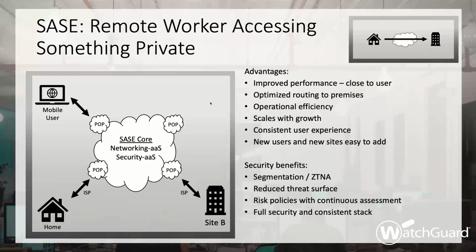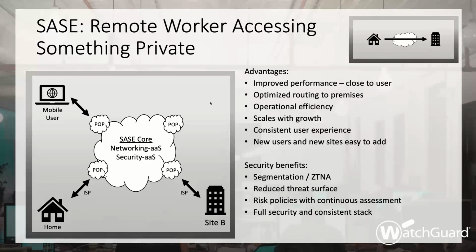Because now when I'm talking about these remote user access scenarios, I can leverage ZTNA to segment off that traffic, so that they only have access to the things that I grant them access to. And so I completely move away from routing traffic, or even giving them access to subnets. I can do it in a very granular way.